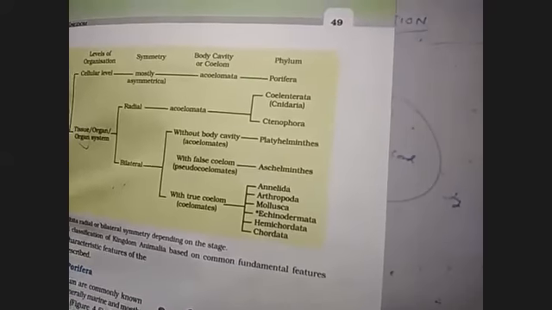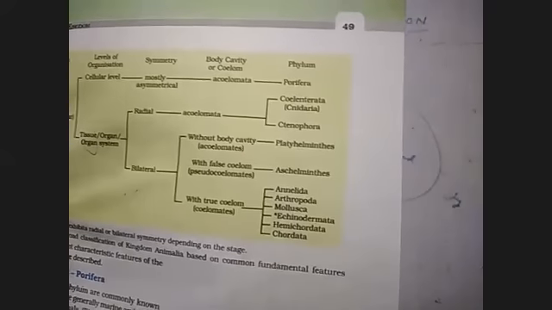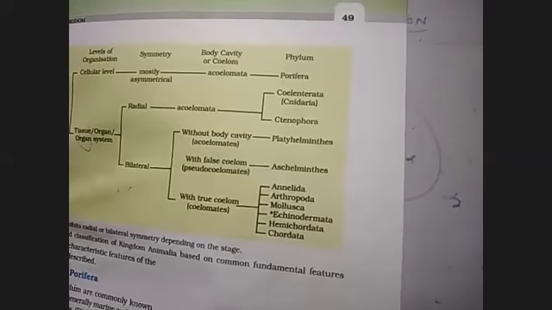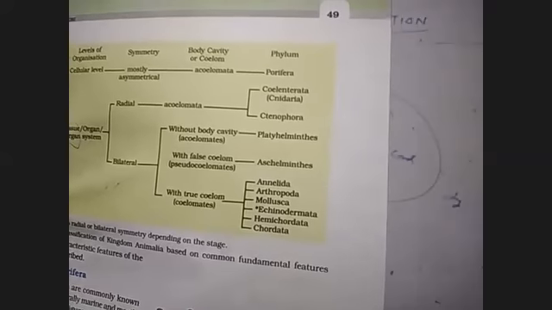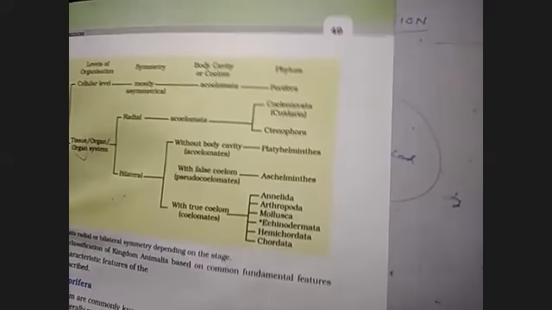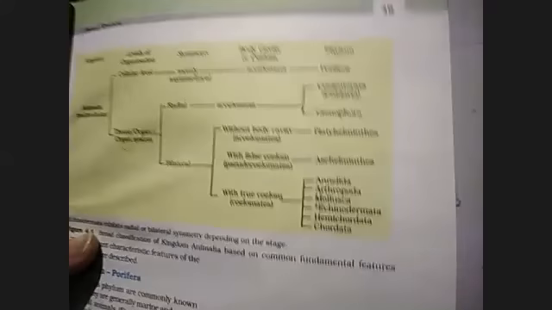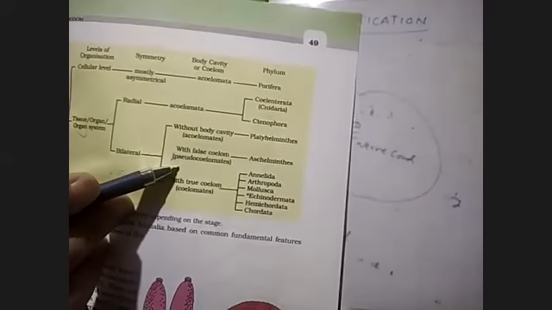The platyhelminths, the liver fluke or the flatworm, live inside the body of another animal. They are parasites, so they don't require coelom or an organ system. If no organ system, then there will be no coelom, because there is no need for a body cavity where organ systems are kept.